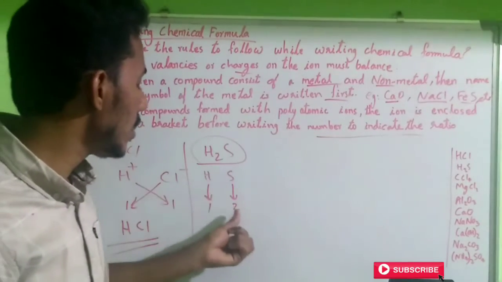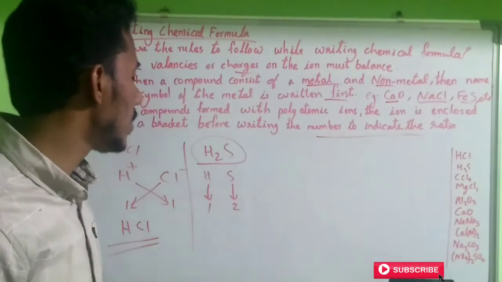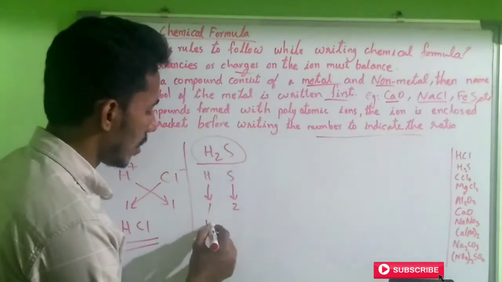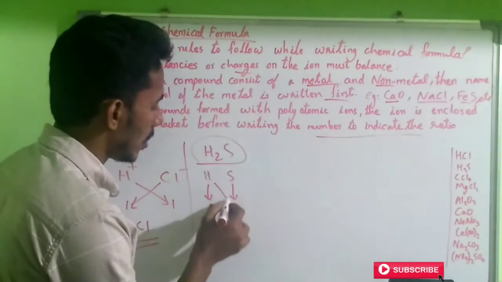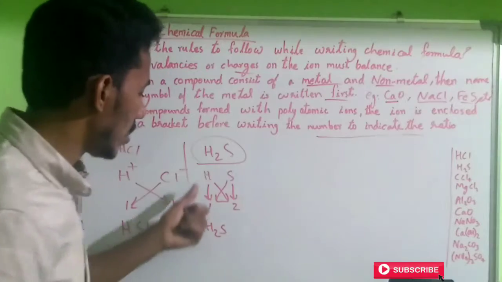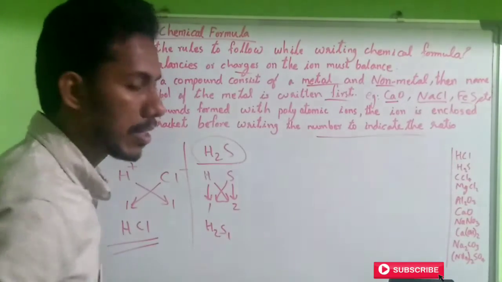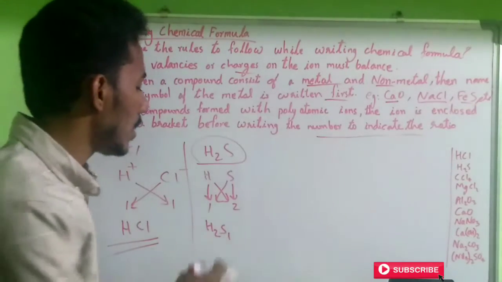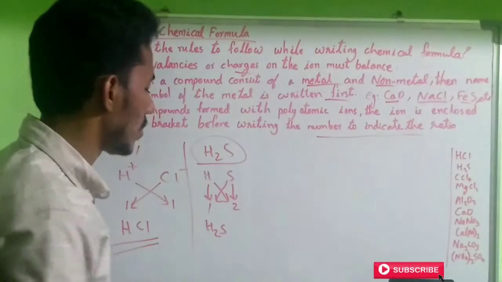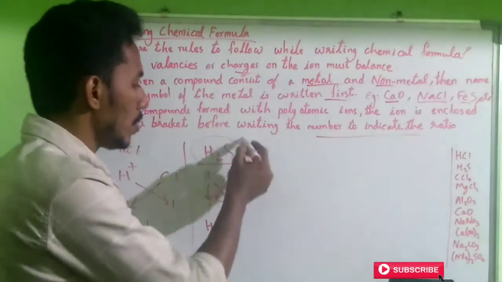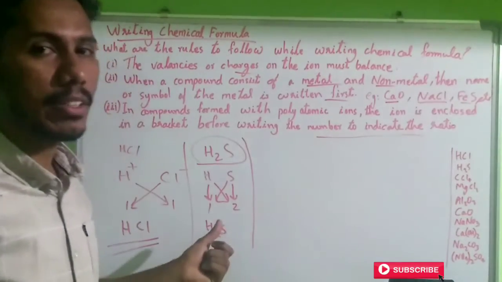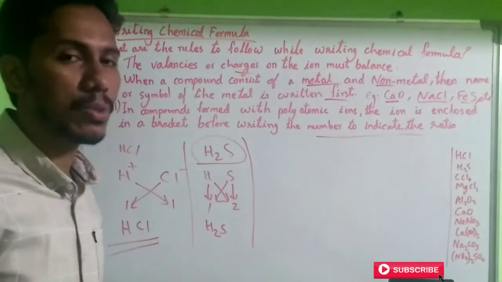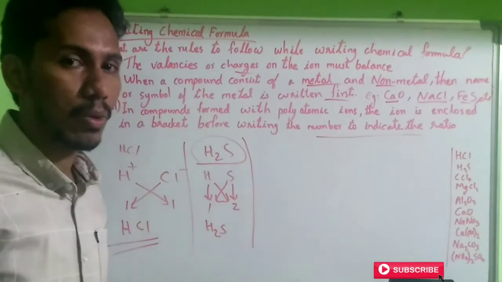So interchange these valencies and write H2S1, but we don't need to write 1. So H2S. Okay, so you should study the valency of each element to write the chemical formula.